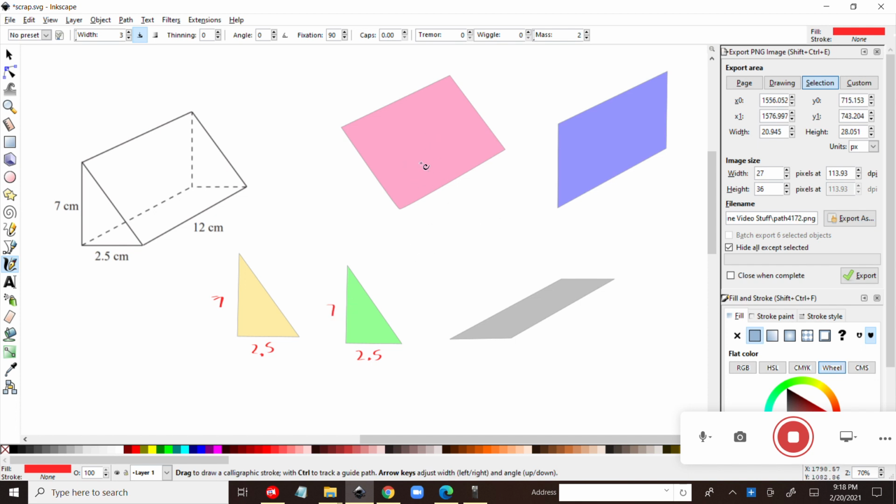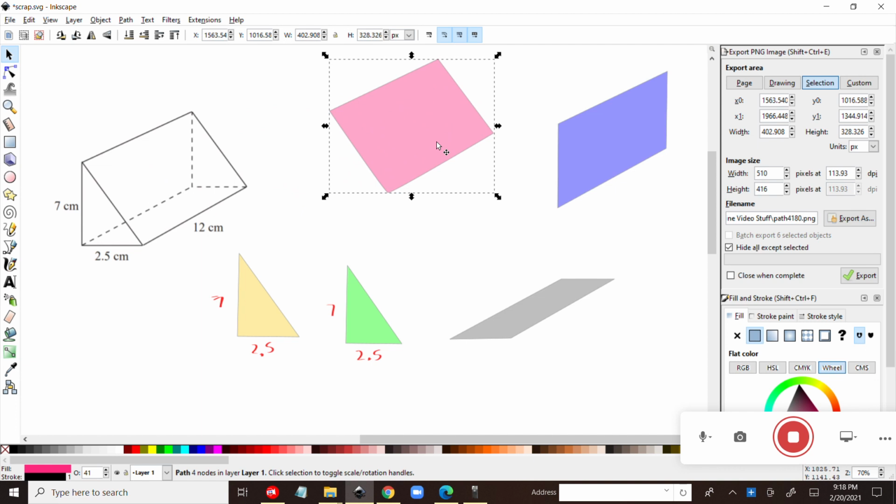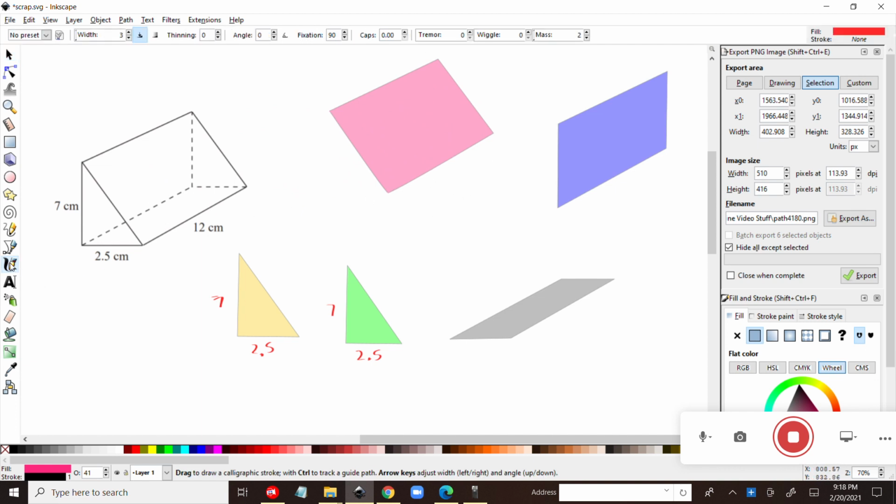For the rectangle, remember this one came from the front. It's like a windshield of a car. Remember, we know here is 12, but over here was the hypotenuse, 7.43.